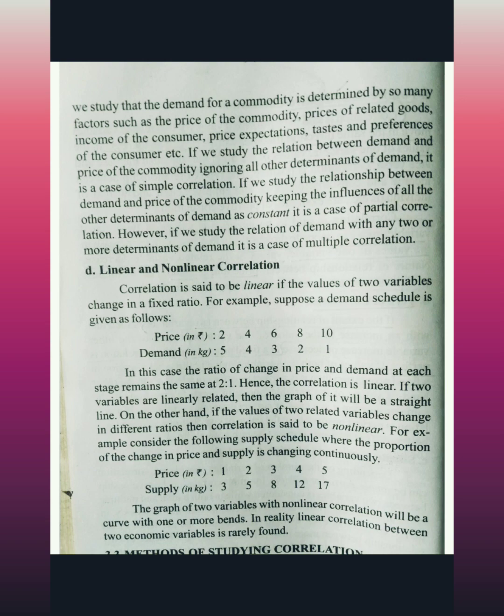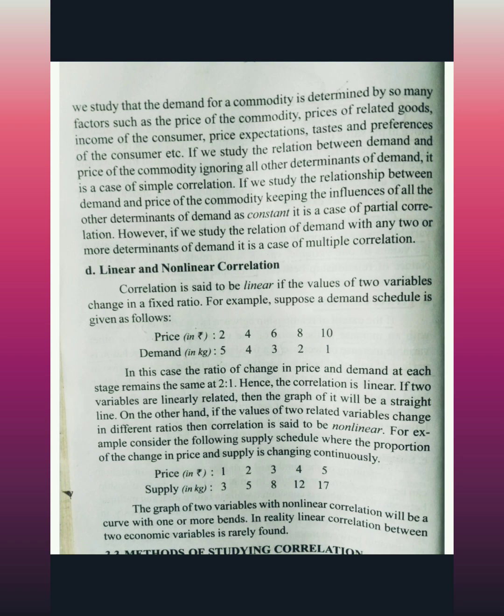If two variables are linearly related, we can see a linear relationship between price and demand because the ratio between them is 2:1. On the other hand, if the values of two related variables change in the same ratio, it is said to be linear, and if they change in a different ratio, then it is called a non-linear relationship.